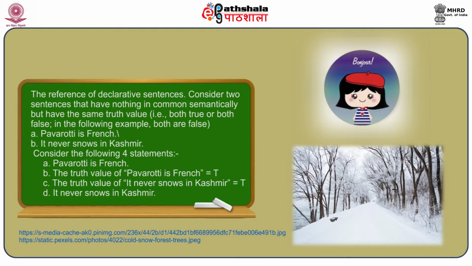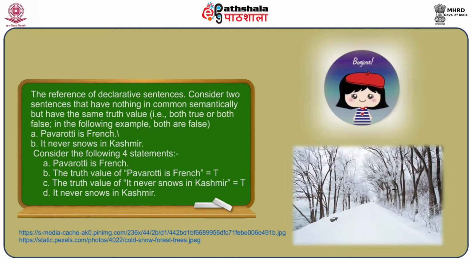Now consider the following four statements in 11. Suppose I compare the first, A, Pavarotti is French. B, the truth value of the sentence Pavarotti is French equals T. T is the symbol used for the truth value true.